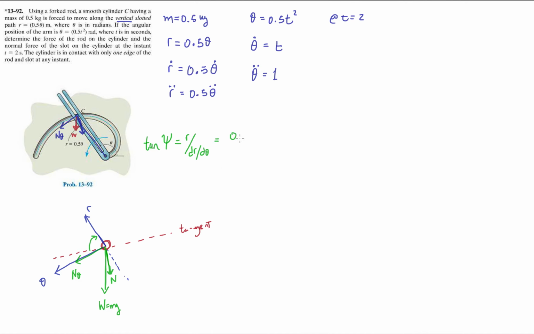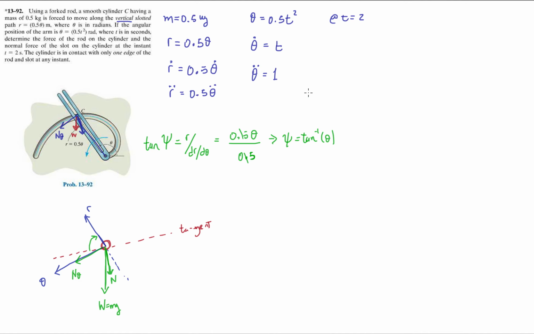Well, r is 0.5 theta. And dr d theta is just 0.5, so this goes away, this goes away. Now we're left with psi is inverse tan of theta.